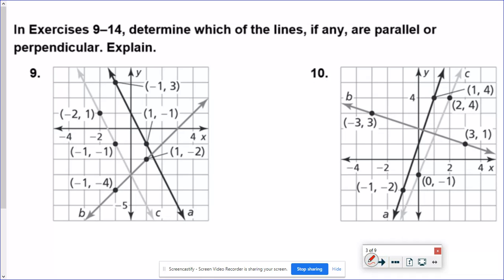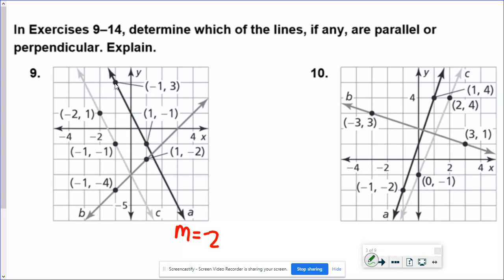For line A, my slope is 1, 2, 3, 4 over 2, or down 2 and over 1. My slope for line A is a negative 2. Now I kind of drew that big, so it's going to be hard to see the rest of it if I don't erase that.